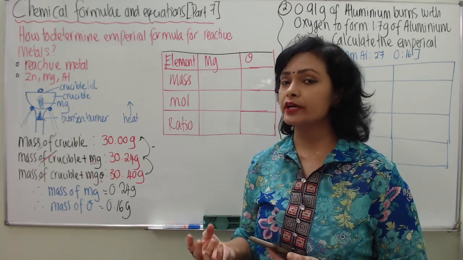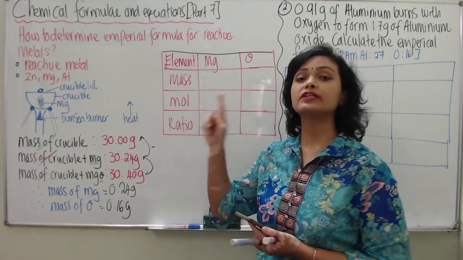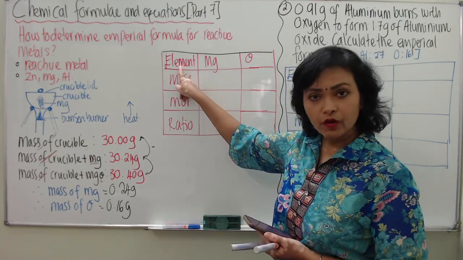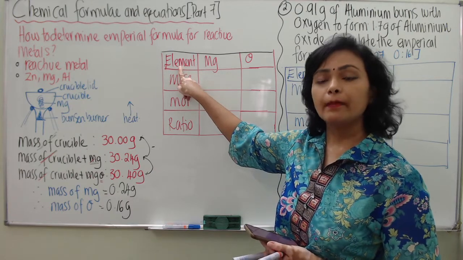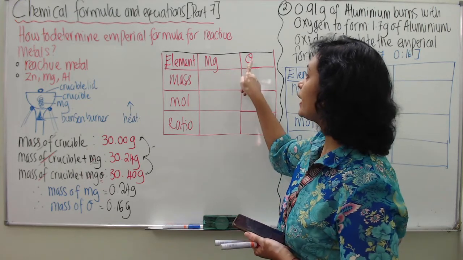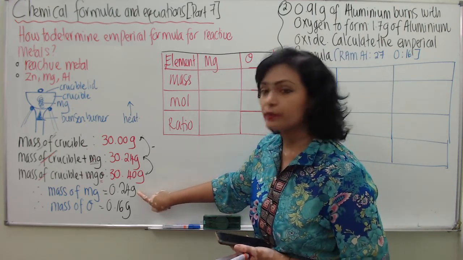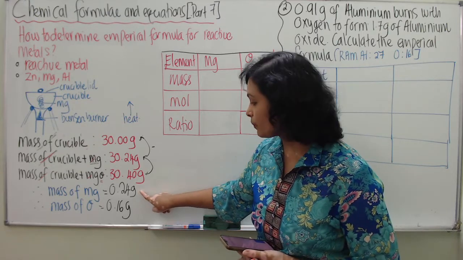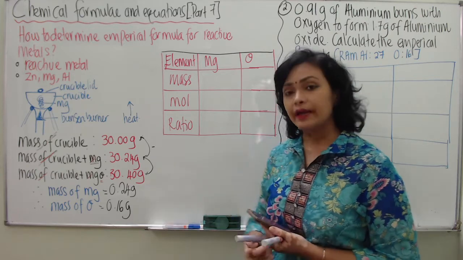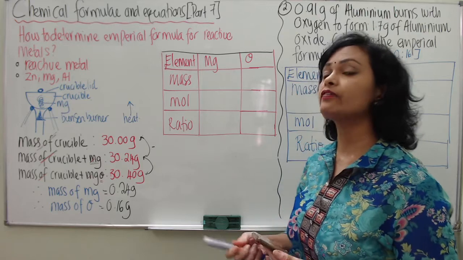Once you hear the name, you know that the elements magnesium and oxygen are involved. That is the reason why you calculated the mass of magnesium and the mass of oxygen.